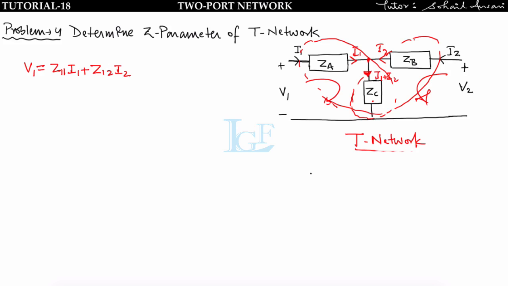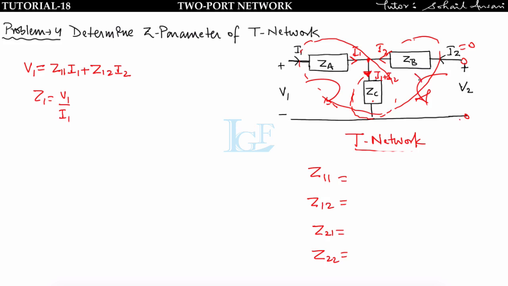We have to find Z11, Z12, Z21 and Z22. The first method I have already explained using KVL. The second method is the open circuiting method. If I have to find Z11, I make I2 equal to 0, then I get Z11 is equal to V1 upon I1. So now make I2 equal to 0, and this is an open circuit.